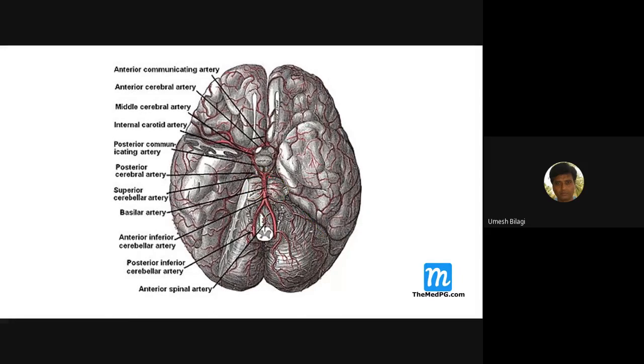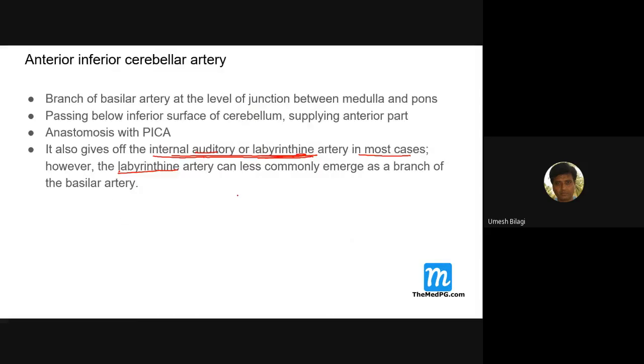It comes here, and it gives rise to a long branch here, the labyrinthine artery. It flows like that. A very long branch it is. They're all favorite questions.